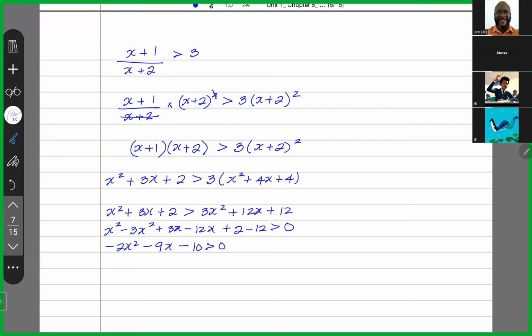Now, I don't like to see so many negatives, so I'm going to multiply both sides by minus 1. So I'm going to multiply the left side and the right side by minus 1.